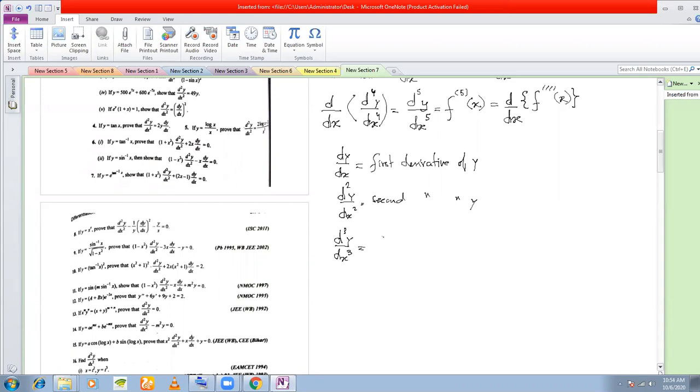Similarly, fourth derivative, fifth derivative, and so on.